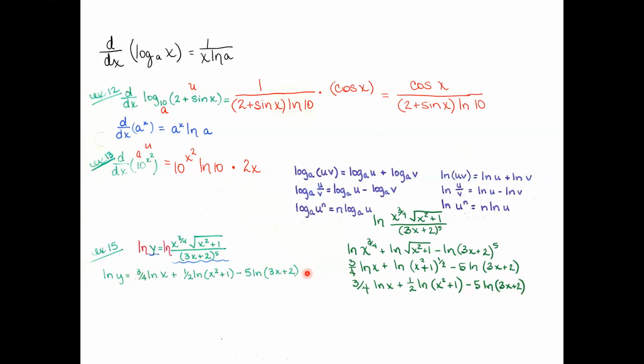Now look how much easier it's going to be to take the derivative. Now I'm going to have to do it implicitly because I don't have y by itself over here. So let's take the derivative of y in terms of x. We have a separate video on implicit differentiation if you need to review that.